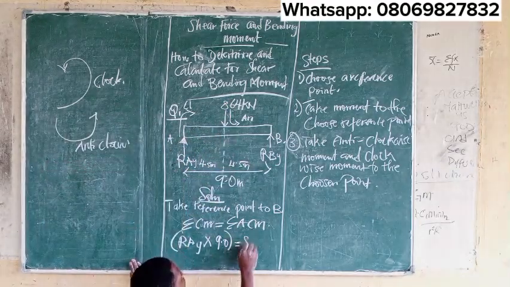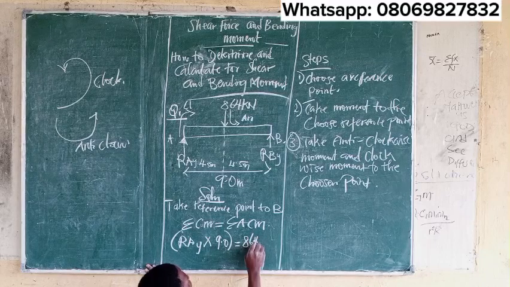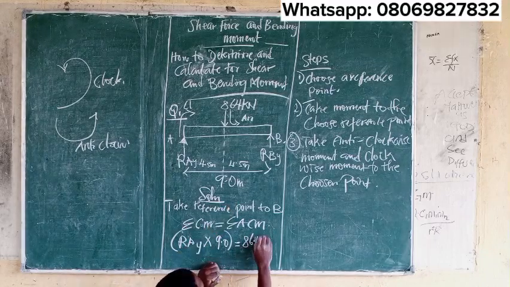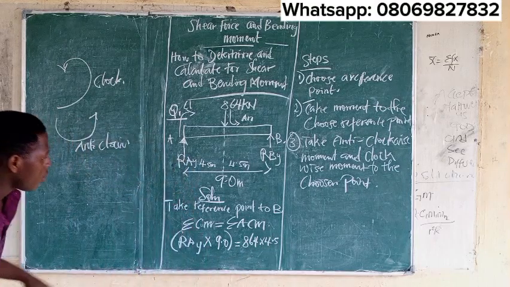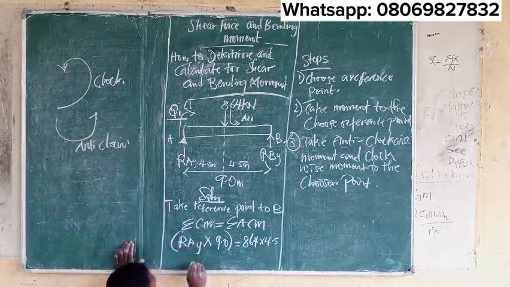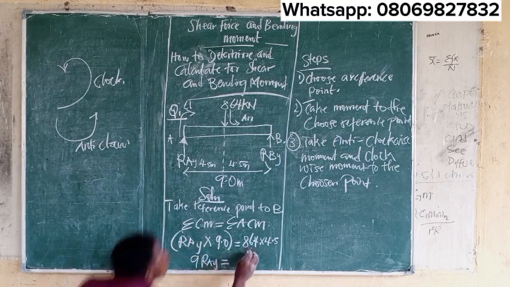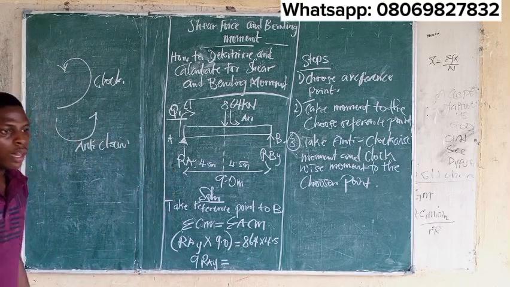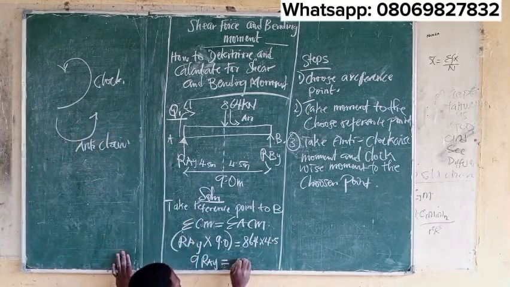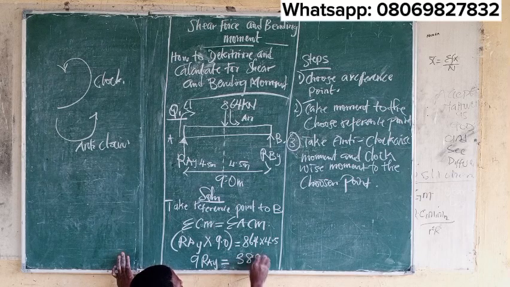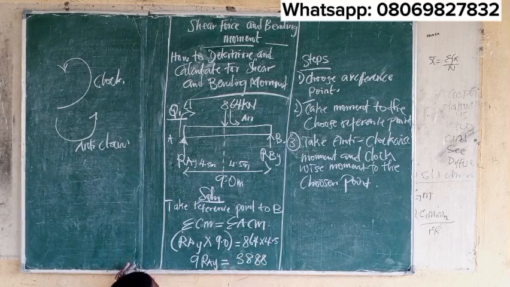And we have 864 multiplied by the distance 4.5. Now if you do that, we will arrive at 9 RAY is equal to, punch this with your calculator, 3888.